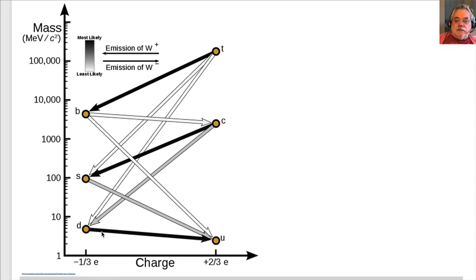Its down quark does not decay. Now, bottom and strange, they cannot decay within their generation. They do decay to a lower mass generation. Bottom to charm or up, strange to up.